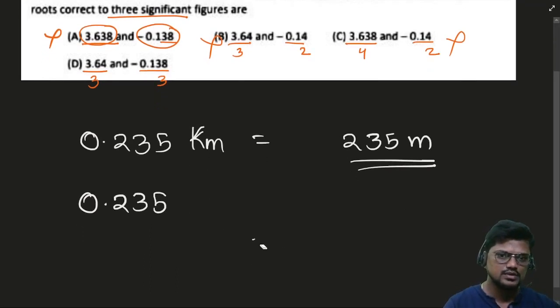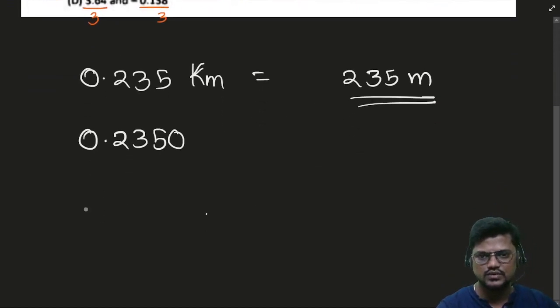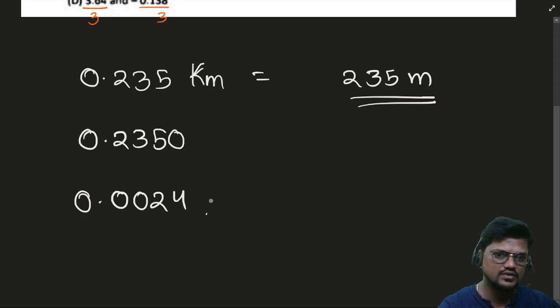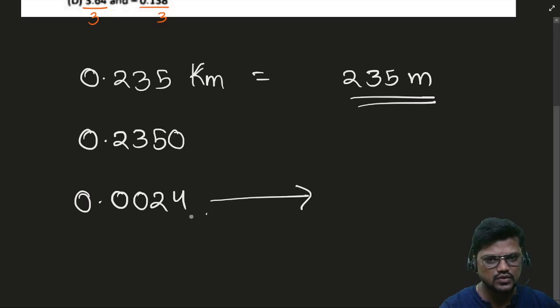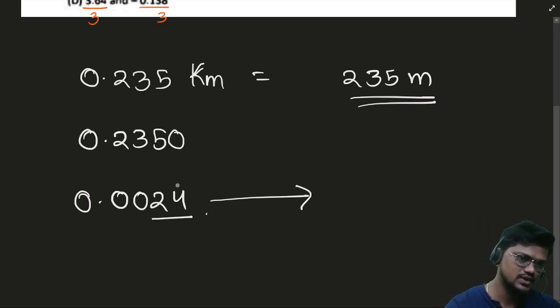Now, if I say this is 4 significant, fine. So if I ask you 0.0024, how many significant figures does this have? Yeah, it has only 2 significant figures. How is that? Because this is 0.0024, only 24 is important. Why?